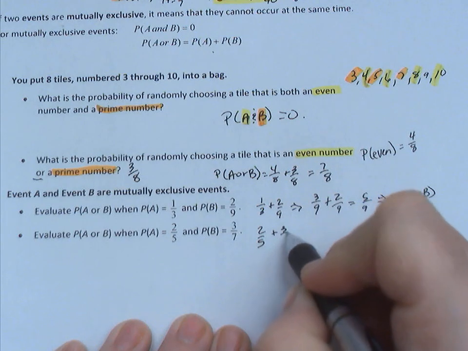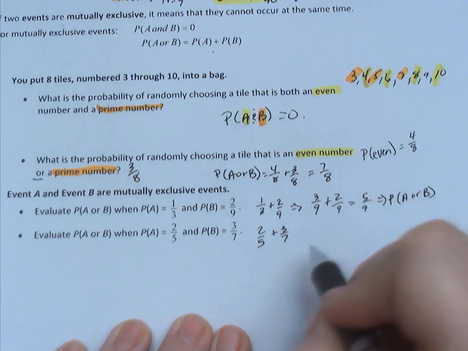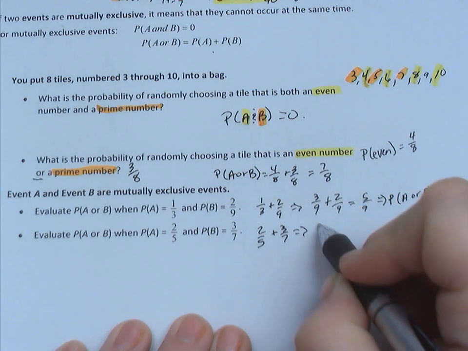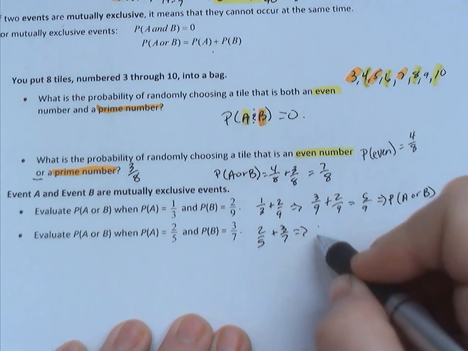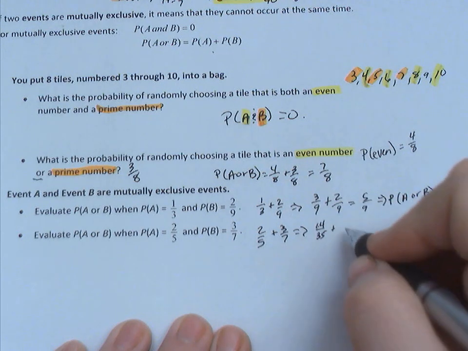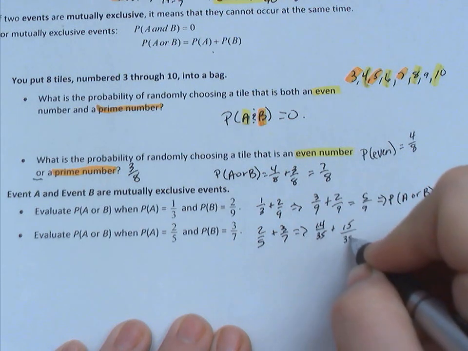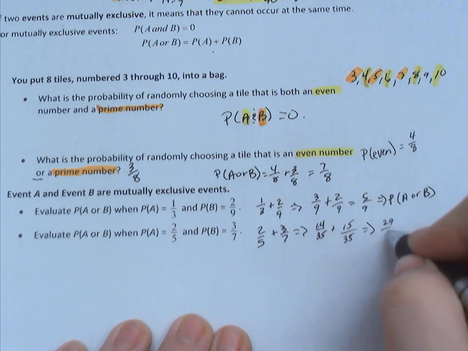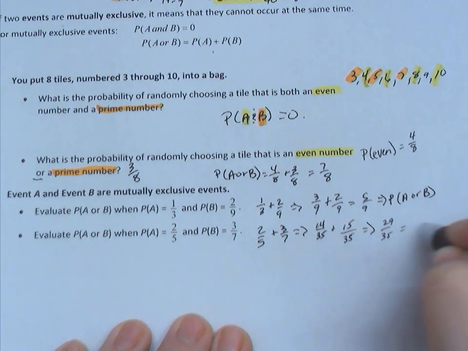It's an or, so I add the probabilities. It's going to give me 14/35 plus 15/35, which gives me 29/35, which is the probability of A or B. So this is independent and mutually exclusive events, compound probabilities of those.